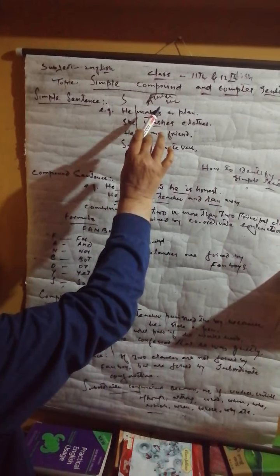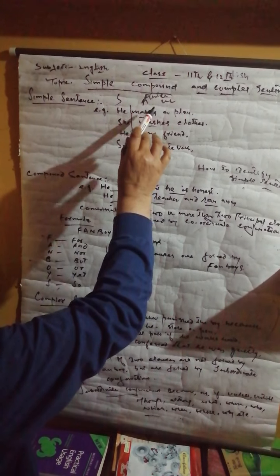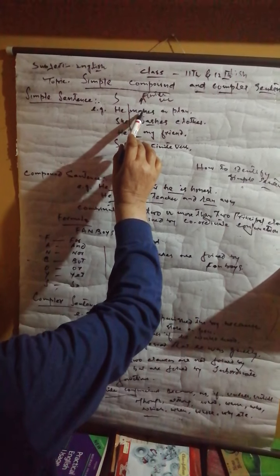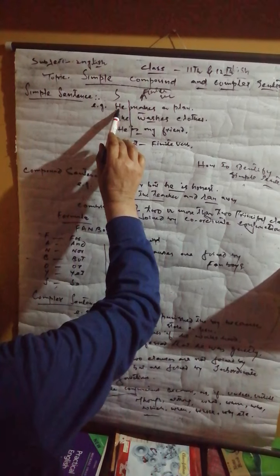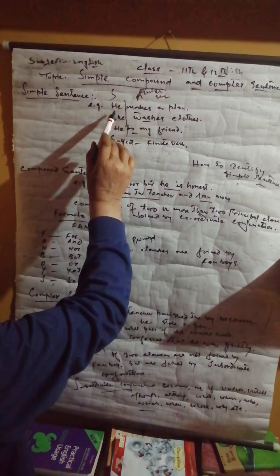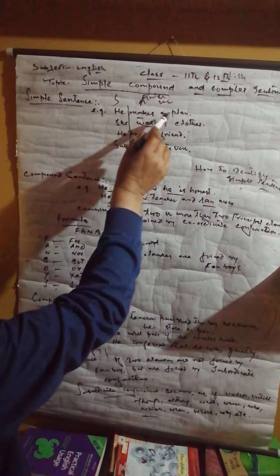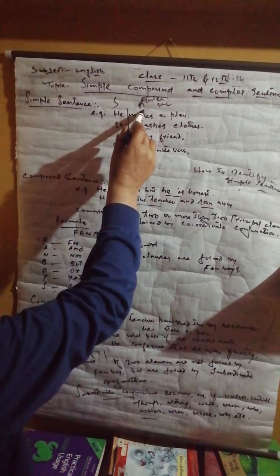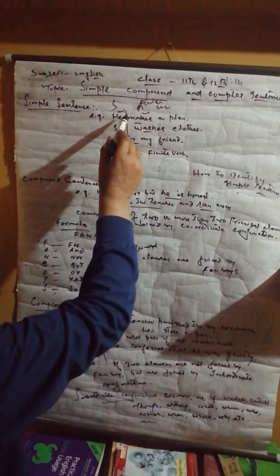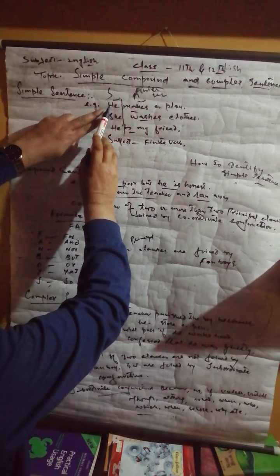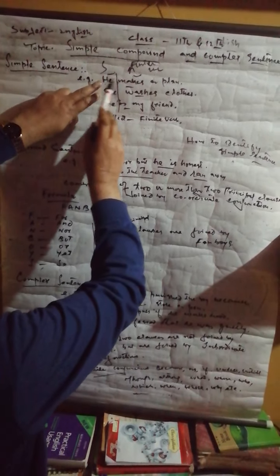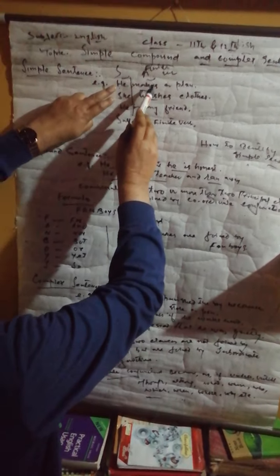I have already discussed it. When we say he makes a plan, we can also say they make a plan, or he made a plan, and the verb will change. It agrees with the subject. So this sentence has one subject and one finite verb.